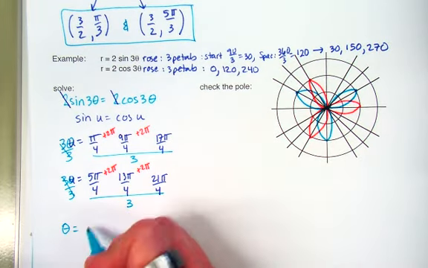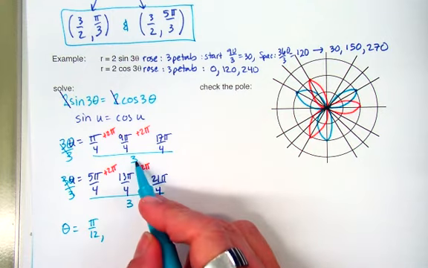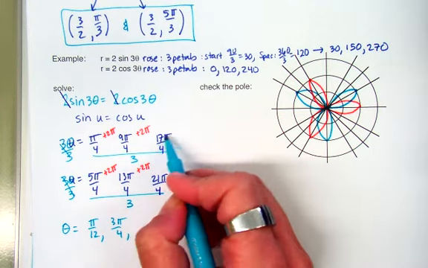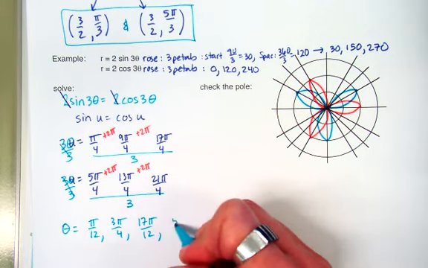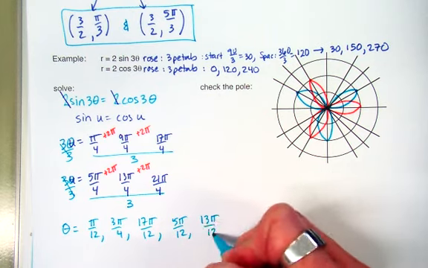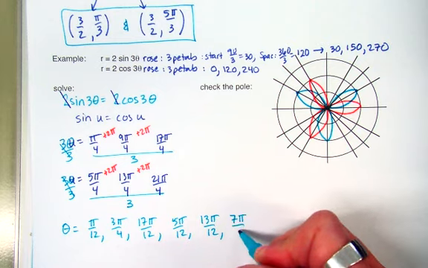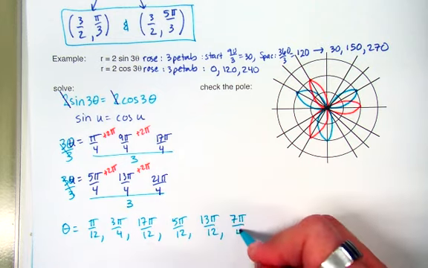So pi over 12, 9 pi over 4 over 3, that actually simplifies to 3 pi over 4, 17 pi over 12. In my next line, 5 pi over 12, 13 pi over 12, 21 pi over 4 over 3 simplifies to 21 pi over 12, which simplifies to 7 pi over 4.